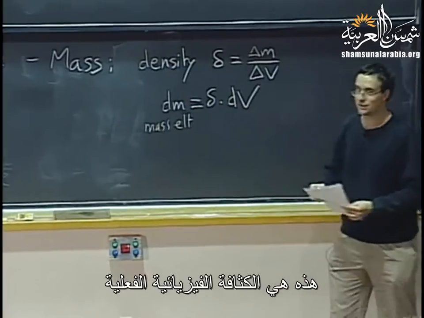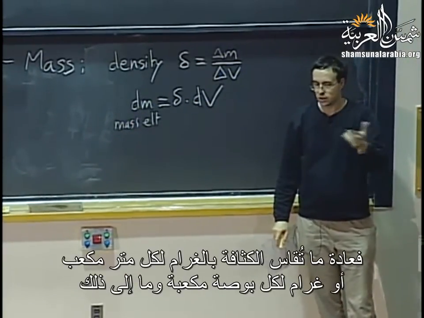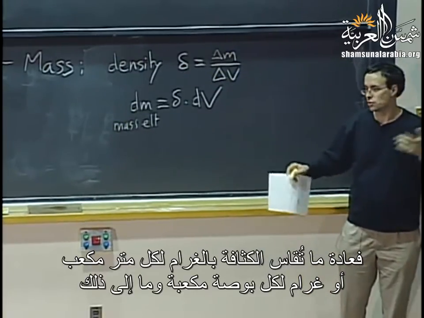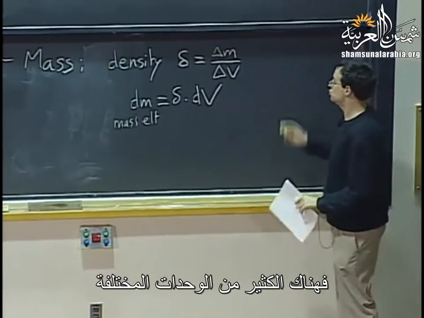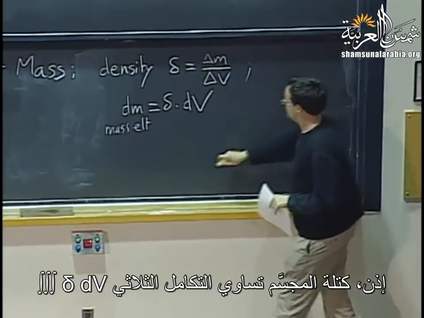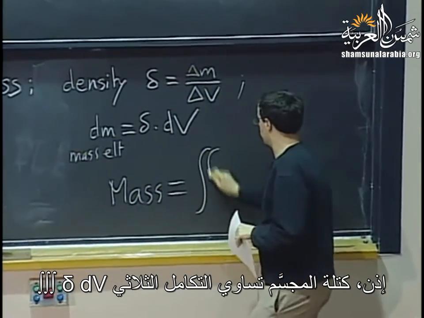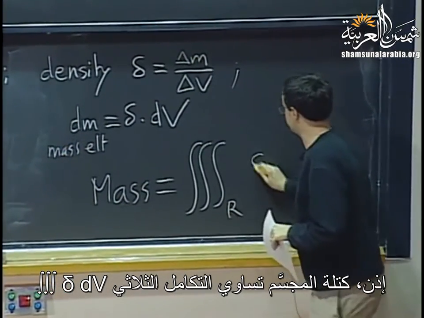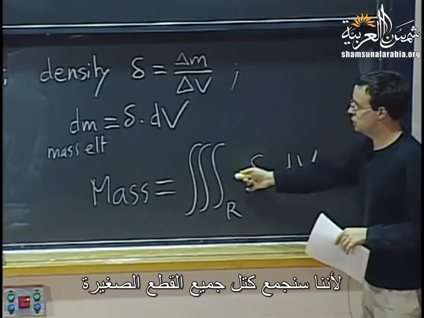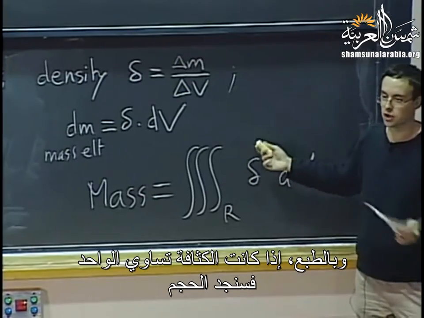This is the real physical density. If you're given a material, usually the density will be in grams per cubic meter or cubic inch or whatever. There's tons of different units. Then the mass of your solid will be just the triple integral of density dV, because you just sum the mass of each little piece. And of course, if the density is 1, then it just becomes the volume.